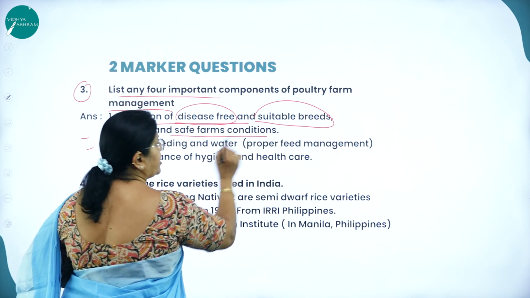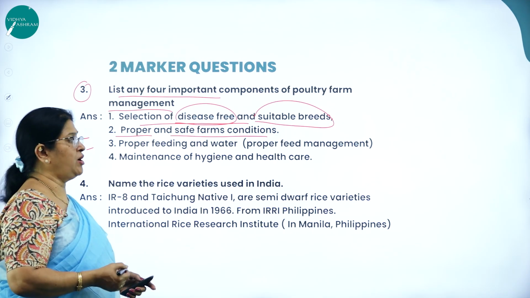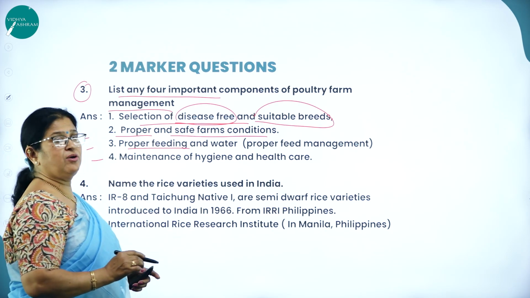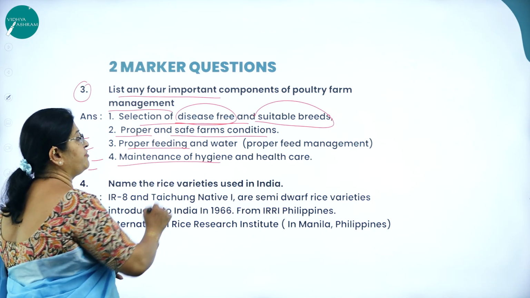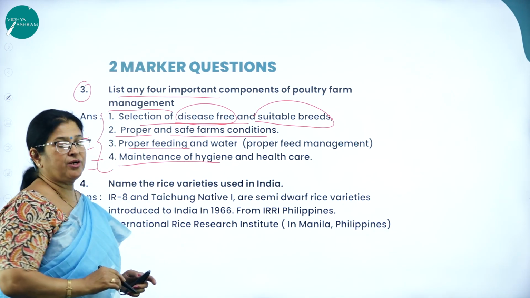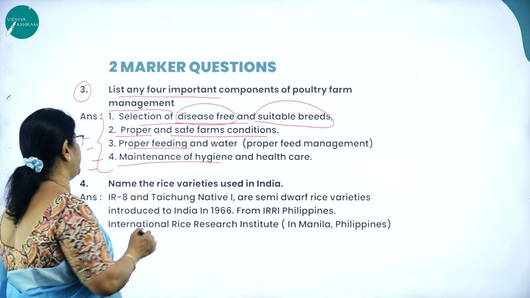Proper and safe farm conditions, very important. Wherever they rear domesticated fowls, it should be safe farm conditions. Then proper feeding and water. So proper feed management is very important. Maintenance of hygiene and health care. All these are the very important components which we need to bear in mind for poultry farm management.